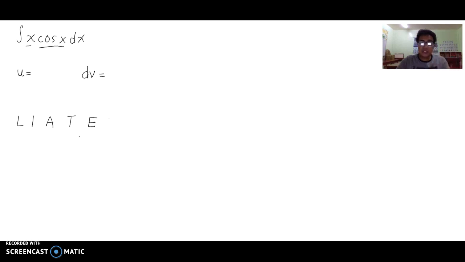These are the categorizations of the functions that we may encounter in an integral problem. For this specific example, x is an example of an algebraic function, and cosine x is an example of a trigonometric function.